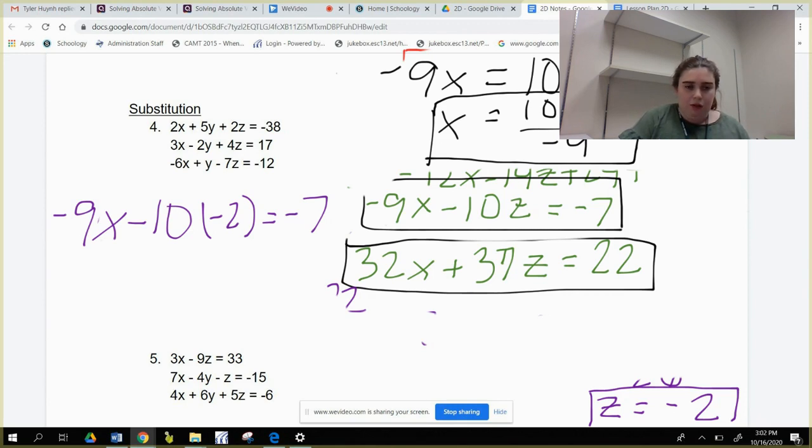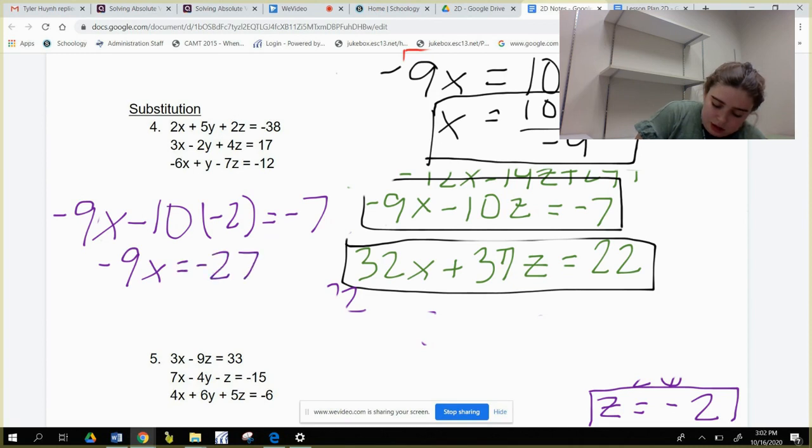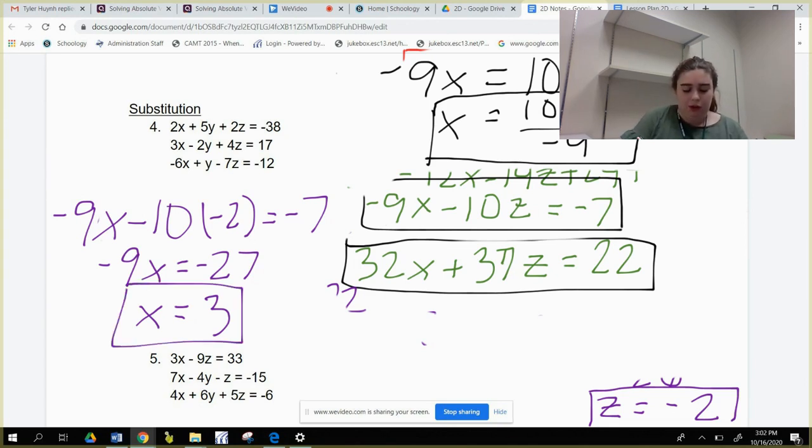And then we can move that over to the right side by subtraction. So negative 7 minus 20 is going to be negative 27. Okay, and then we need to divide both sides by negative 9. So x is going to equal positive 3. And there we have our second one.